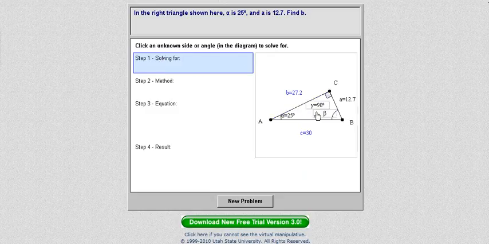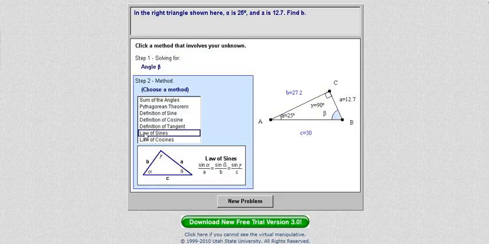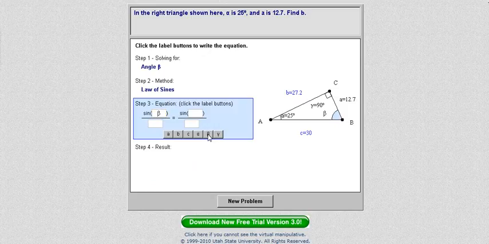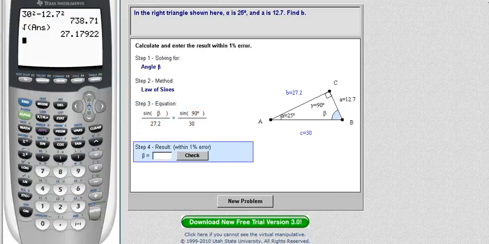So we're going to solve for angle beta using the law of sines, because I know that sine of beta over b, which I now know, is equal to sine of, and I'm going to use gamma since that's an easy calculation, over little c, and I bring in my calculator at this point, and sine of beta times 30, so 30 sine beta is equal to 27, so I'm going to divide 27.2 by 30, and I get 0.90666.